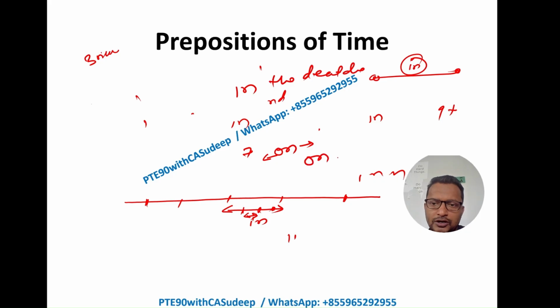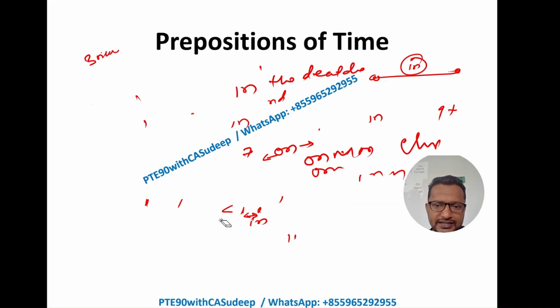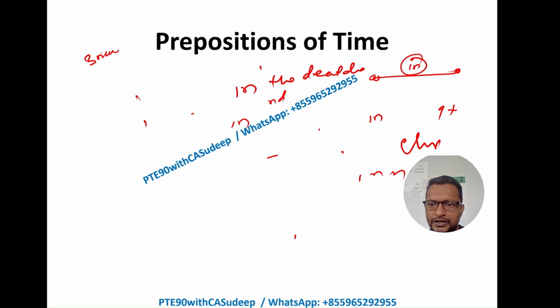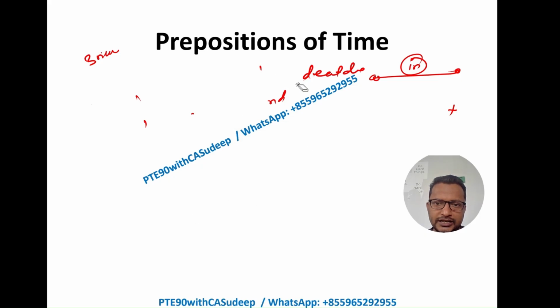So on Monday, on Tuesday, on Christmas Day, on New Year, on New Year Eve. So if you are referring to a specific day, put on. And then if you are referring to a specific point of the day or the specific time of the day, then put at, right?